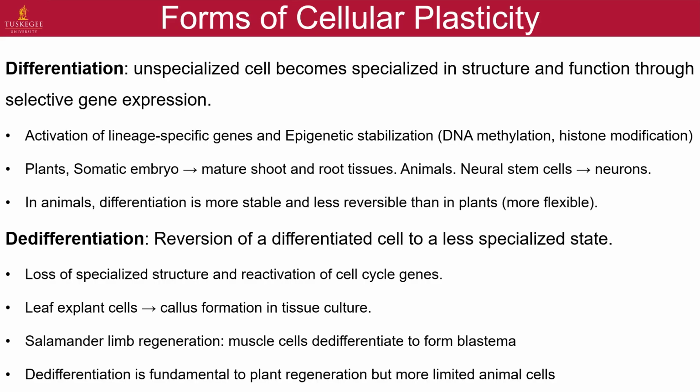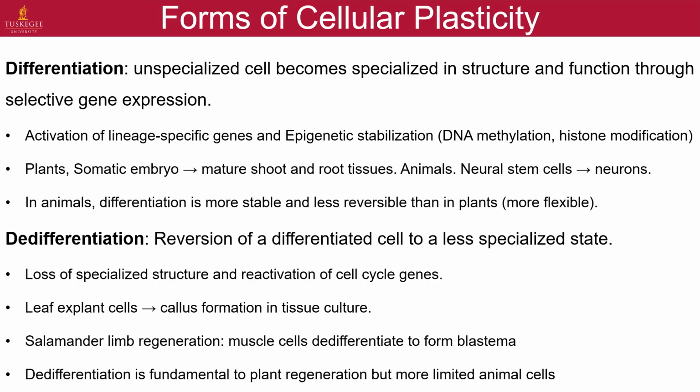While in animals, a good example of differentiation would be neural stem cells developing into neurons. It's important to note that in animals, differentiation is more stable and less reversible than in plants. In plants, most of the time cells remain flexible even after differentiation.